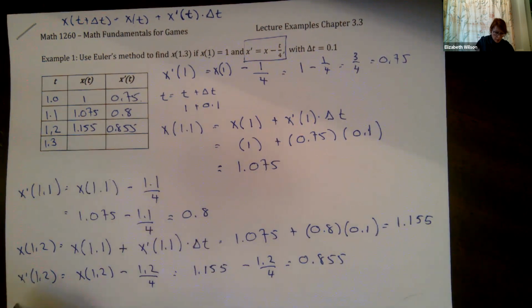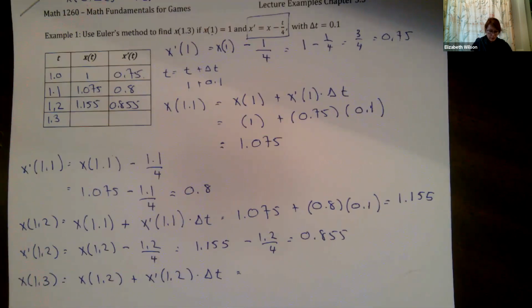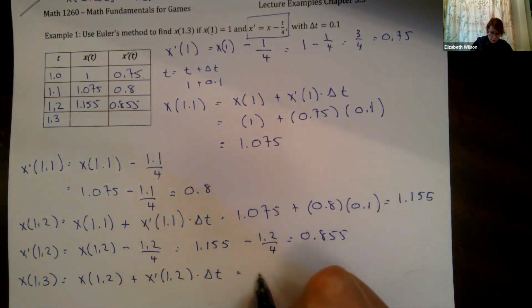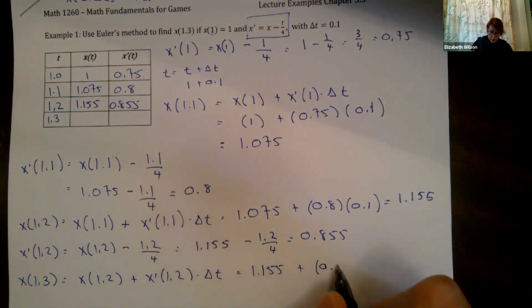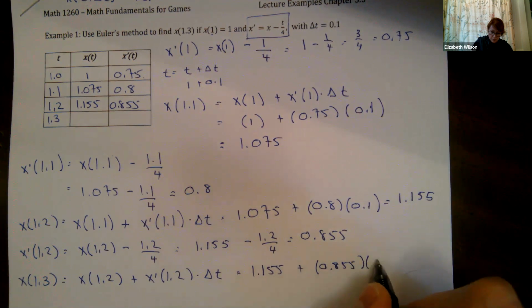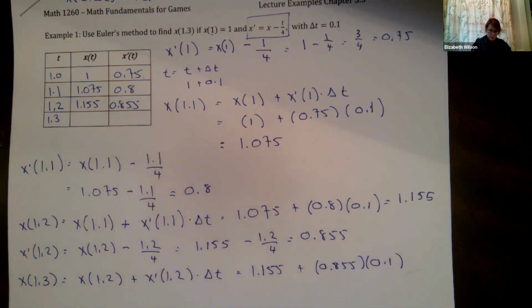So this is going to be x of 1.3 equals my Euler's equation, right? So this is x of 1.2 plus x prime of 1.2 times delta t. Okay, so x of 1.2, 1.155, plus my rate of change, 0.855, times 0.1. Okay, my x of 1.3 is 1.2405.